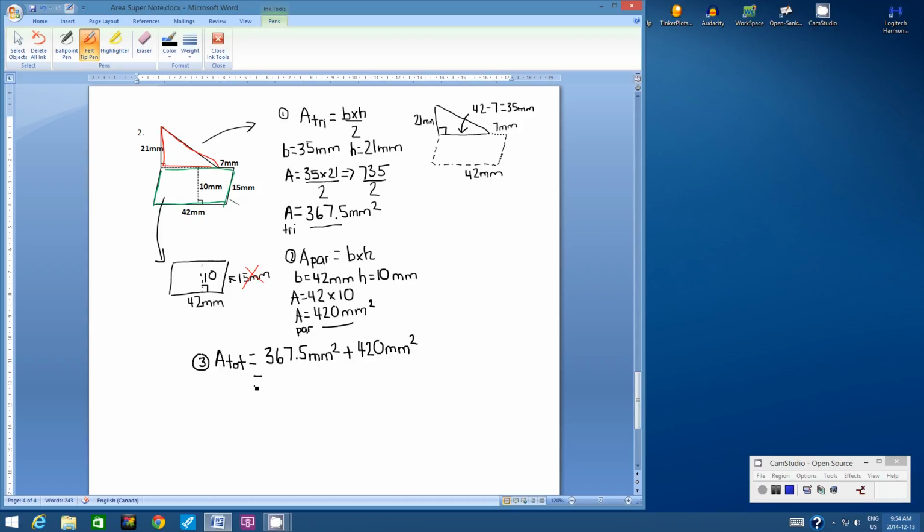Using your calculator to add them up, I got 787.5 millimeters squared.